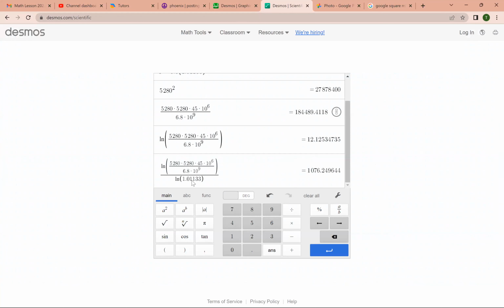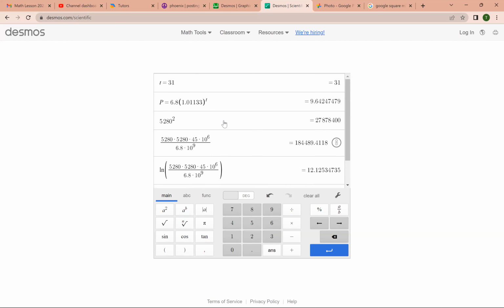Right, so down here at the bottom, that's where the 1076 came from. You can see I don't have the 1.254 in the numerator, but it's this calculation in the top, which we can check if we need to. It's up here, times 45 times 10 to the 6th.